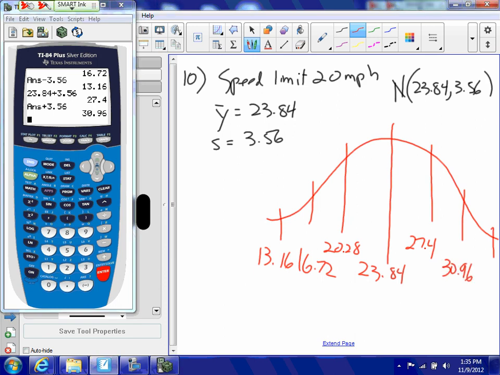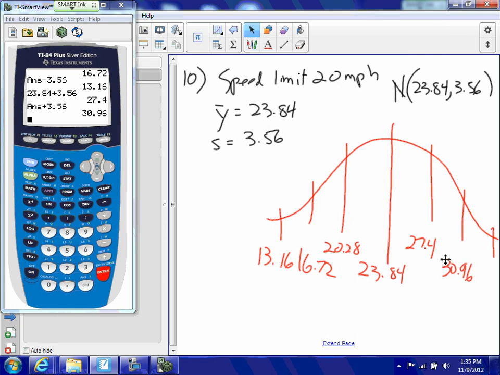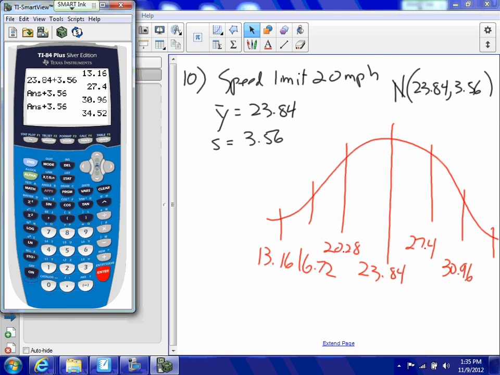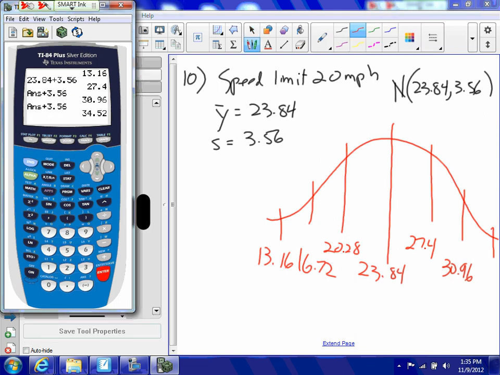And then my third standard deviation above the mean, plus 3.56, is 34.52. So I've got a little picture now of my model.